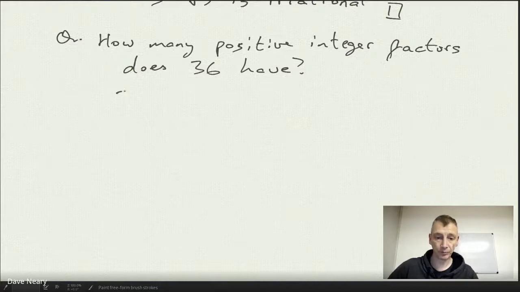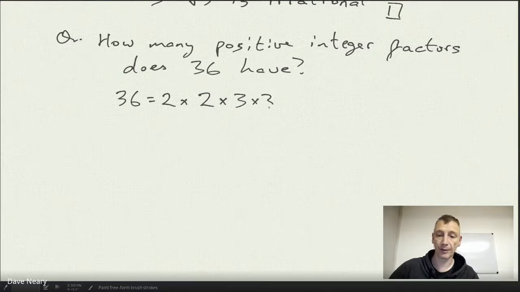Well, writing 36 as a product of primes, we've got 36 is 2 times 18, and that's 2 times 9, that's 3 times 3. And that's our unique factorization, 2 squared times 3 squared. Now, how many factors does that have?